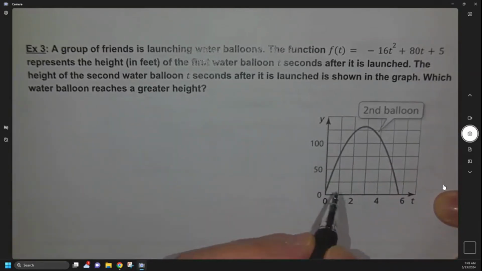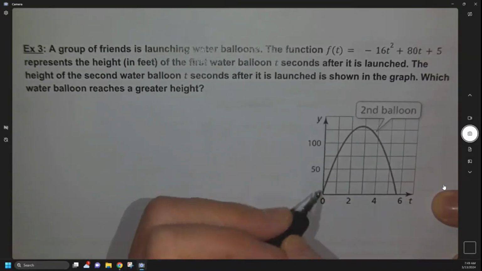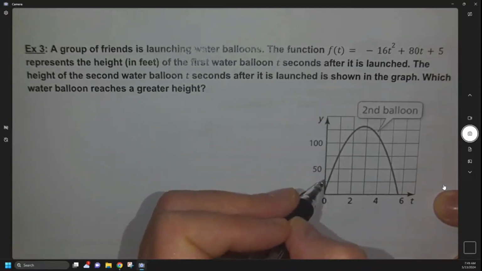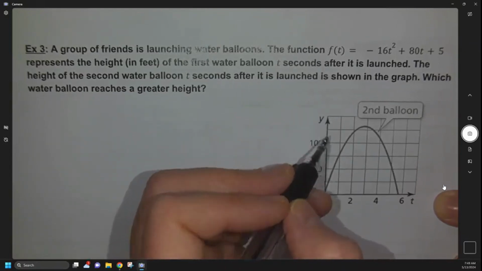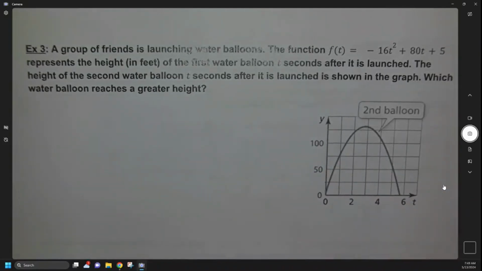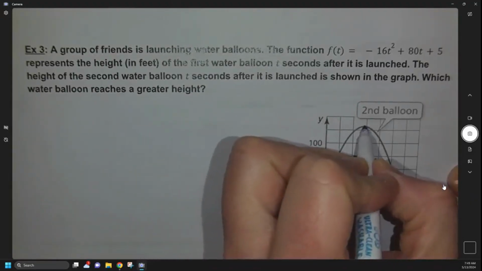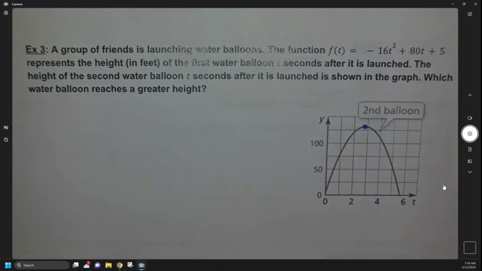So if I'm looking at this right here, okay, I notice that my y axis here is being counted by 25s, right? So 25, 50, 75, 100, 125. So if I look up here, I notice that this one has a maximum value. And I'm noticing that that maximum value is a little bit above 125. So if we were estimating, we'd say it's close to 125 feet.